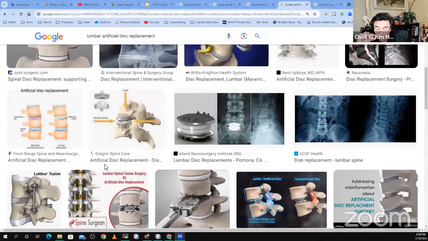And then the last reason is that the disc replacement device is three pieces, right? The top plate that's metal, the bottom plate that's metal, and a mobile core in the middle. Those three pieces have to have a minimum amount of distance. So the shortest implant is about 5 millimeters.